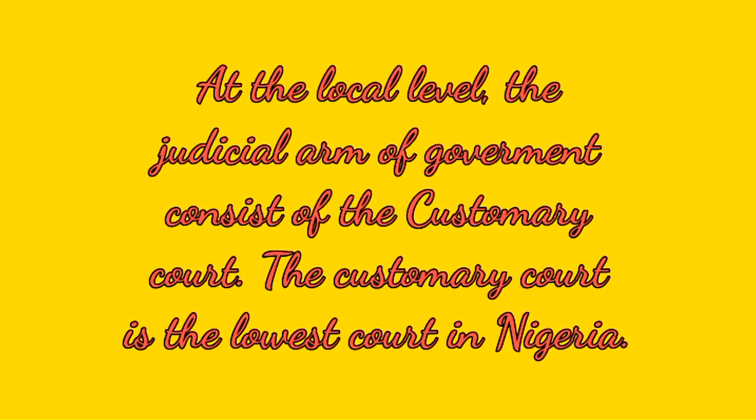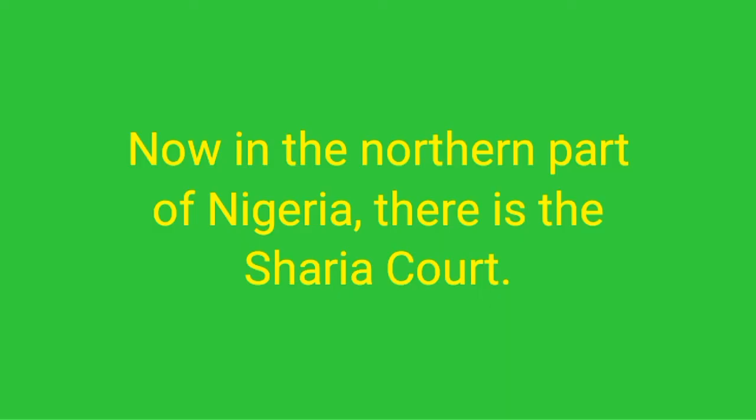While at the local level, the courts are the customary courts. Okay, the customary courts are the lowest courts in Nigeria. Do we get it? While in northern Nigeria, there are also the Sharia courts.